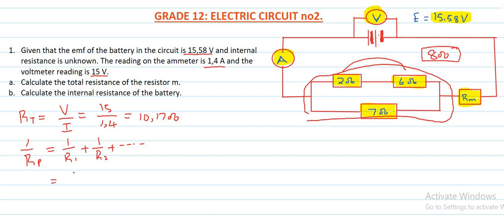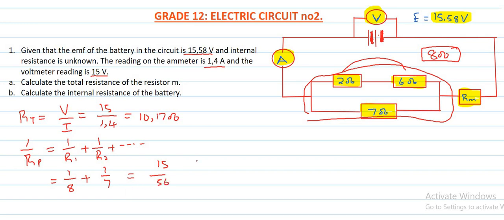Let's say R1 is 8 ohms, which is the sum of 2 ohms and 6 ohms. This will be 1 over 8 plus R2 is 7 ohms, 1 over 7. 1 over 8 plus 1 over 7 is equal to 15 over 56.